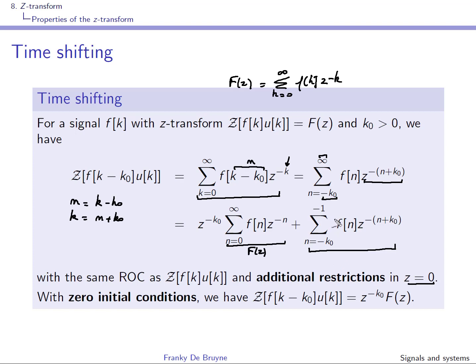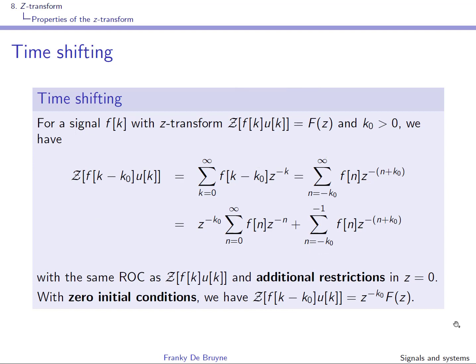You can see also that if the initial conditions are all 0, this term will disappear and you're left with this equation over here. In the exercises, and also in the exercise that you'll have at the time of the exam, you'll have to use this formula, but with k0 equal to 1 and k0 equal to 2, right?